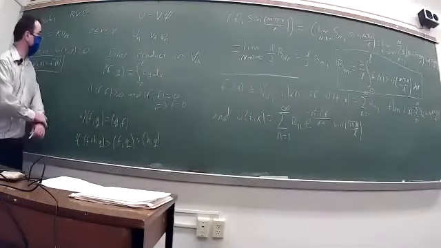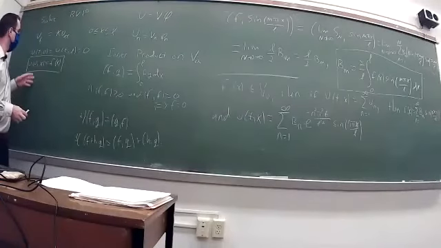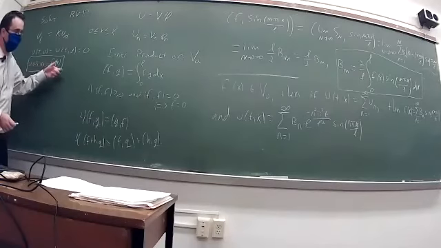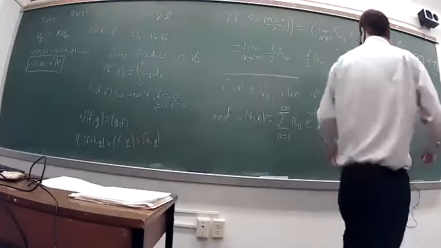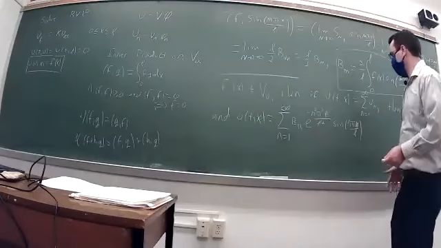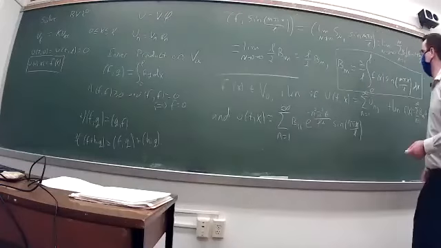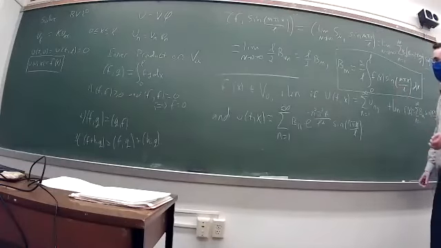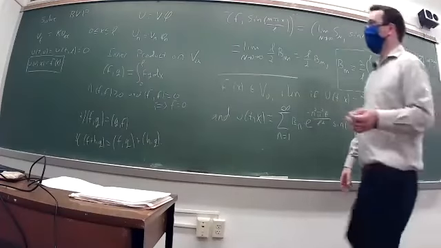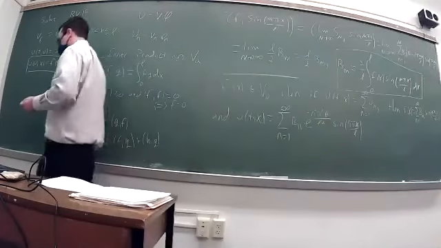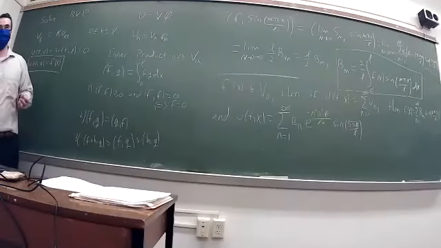I can now ask you things like homework: say f is equal to x squared, then find this formula. All you have to do to solve it is find the Fourier coefficient, x squared times sine.